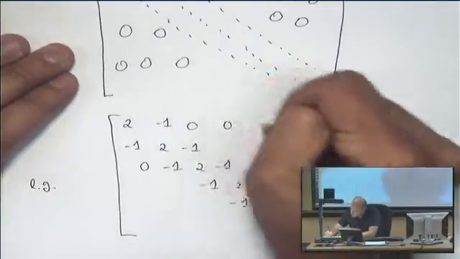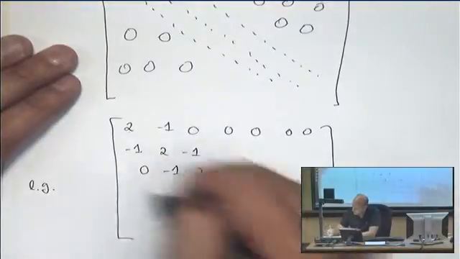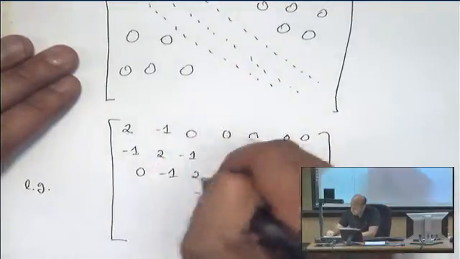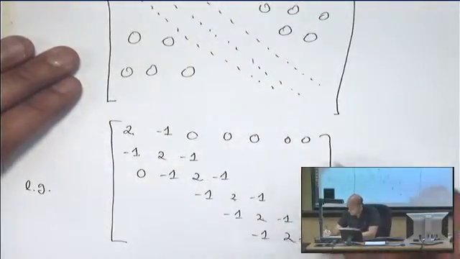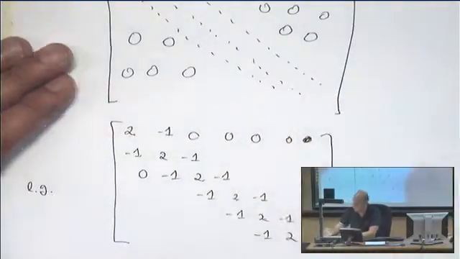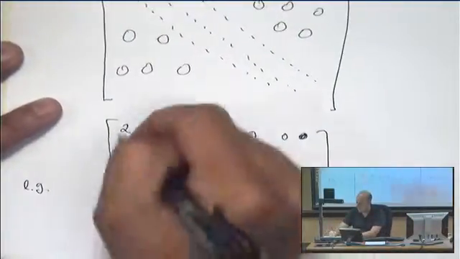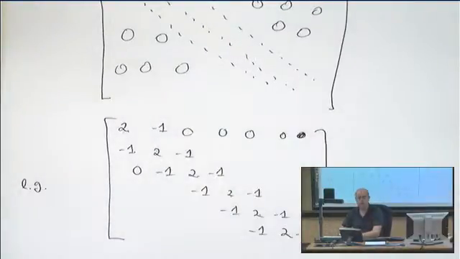So you've got 0, 0, 0, 0, 0. And this is 1, 2, 3, 4, 5, 6. So this should be a 6 by 6 matrix. Okay, so it's a 6 by 6 matrix in this case, but it could be any size. In this case, we're saying 2's on the main diagonal and -1's on the off diagonal, and that's a tridiagonal matrix.